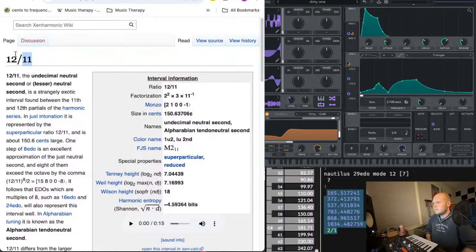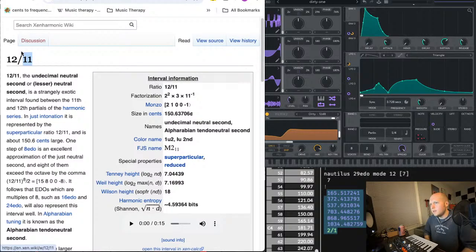And every time you have a prime number in the harmonic series, it introduces a new sound. It introduces a new scent value. So for like every new interval introduces a new scent value, even if it's not prime.